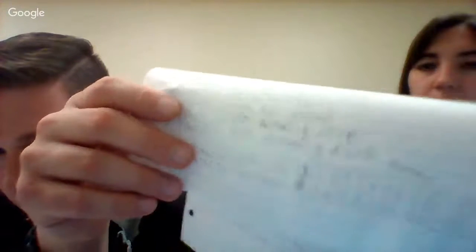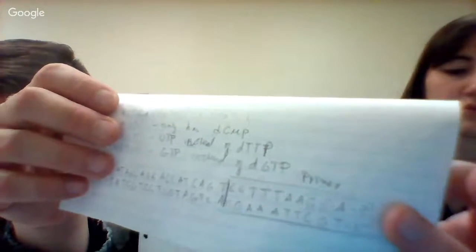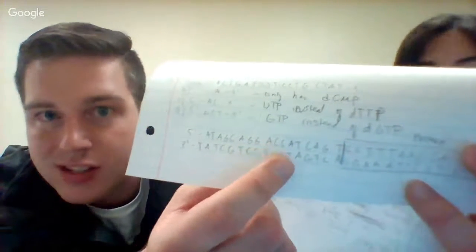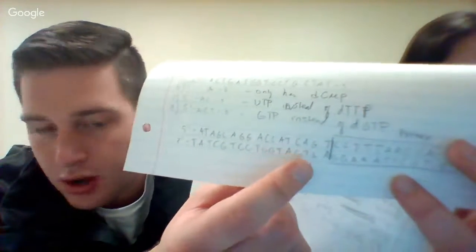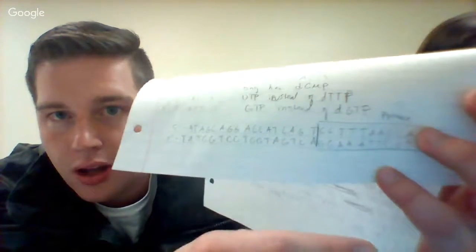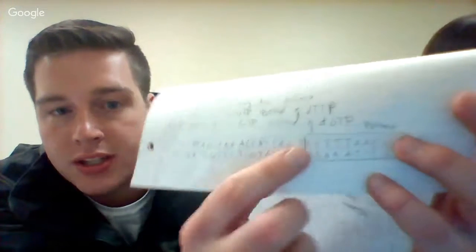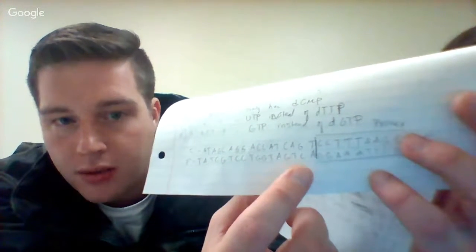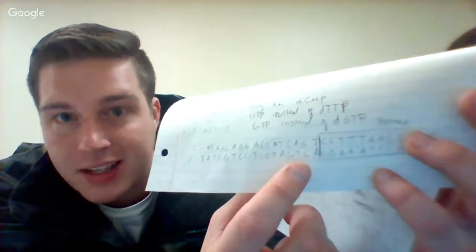And so it goes down, and do you mind if I show them that? Okay. So if you go down, I just like the way that Kristen wrote it out more. But if you go down and you have the strand here, what's in the box here is from the primer, and then everything after that is the synthesized strand. And so because of the parts that are missing, we can only synthesize the A when we're missing the dCTP.